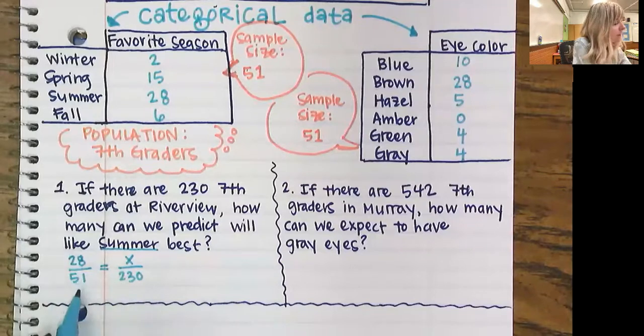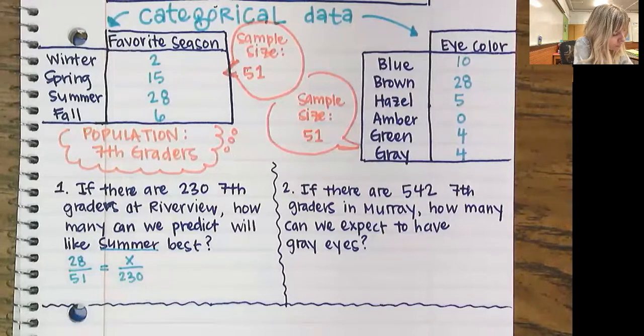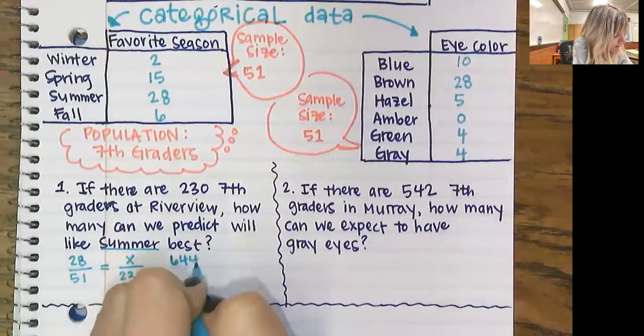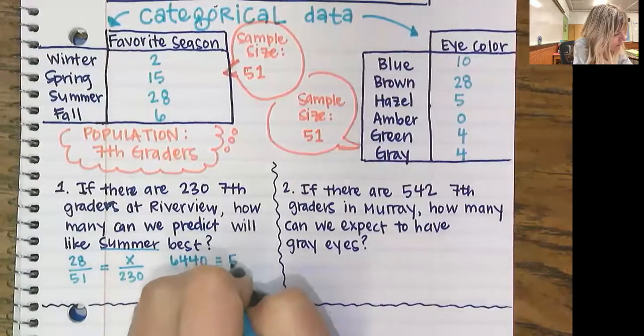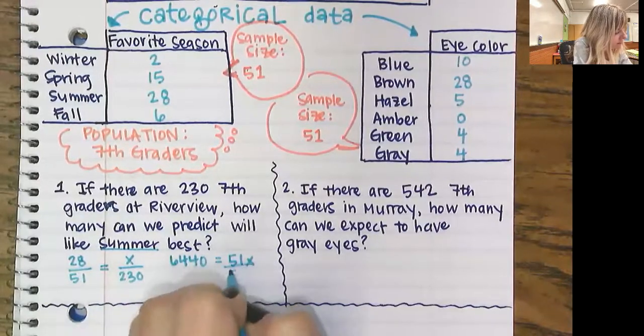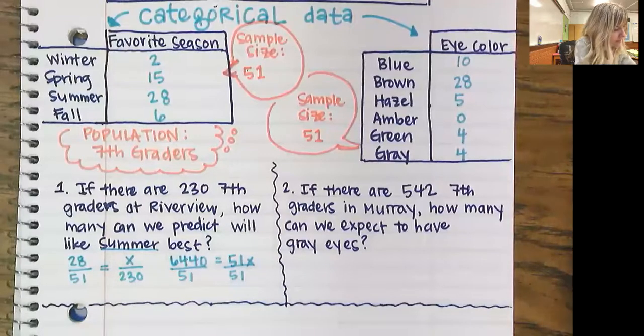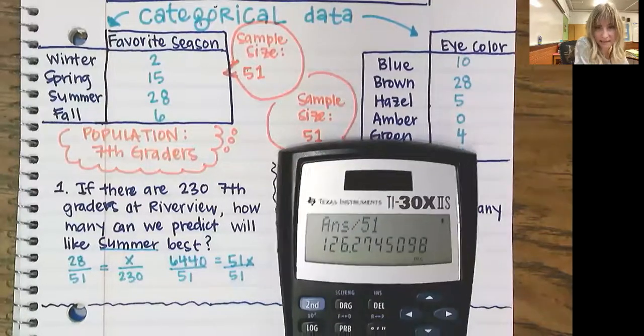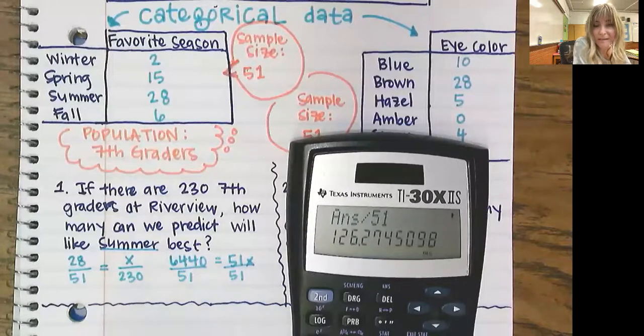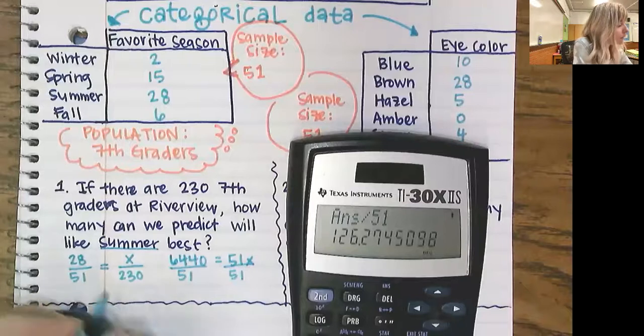28 out of 51 equals what out of 237? So now I'm cross multiplying. 28 times 237 equals 51x. I'm going to divide both sides by 51. Now in my calculator, look what it says. Now I'm talking about seventh graders, so I'm going to round that to the nearest whole because all people are whole people.